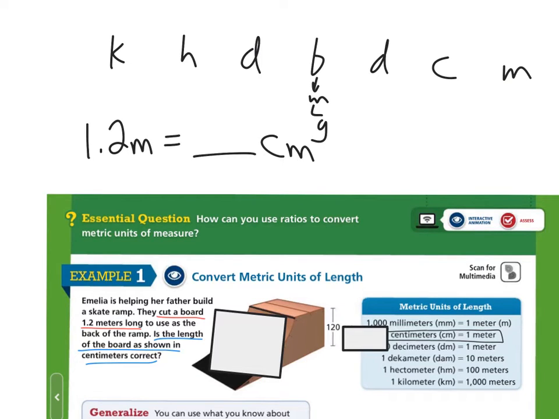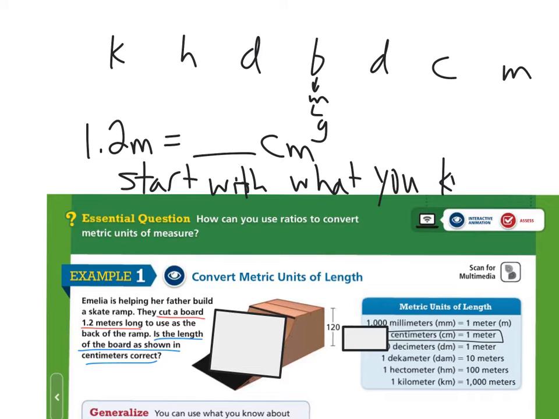And so we're going to start with what you know. Start with what you know. So we know the number of meters. So meters, that's one of our base units. So this is our starting point.